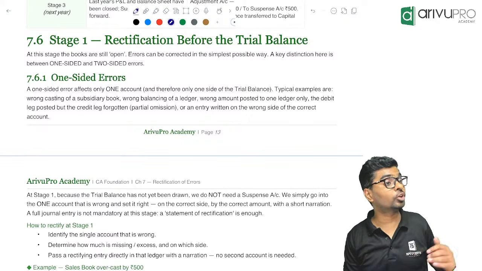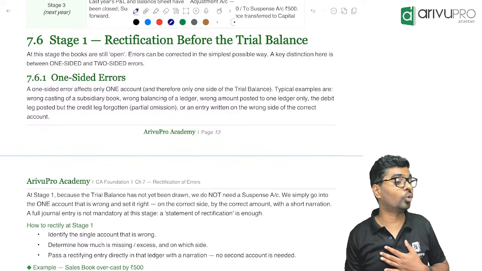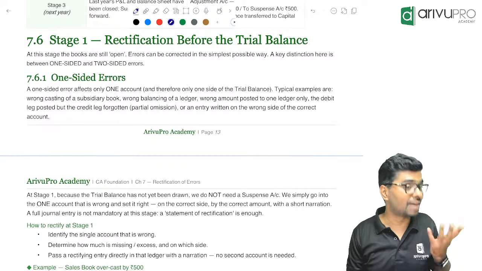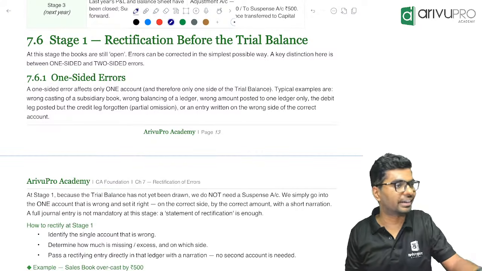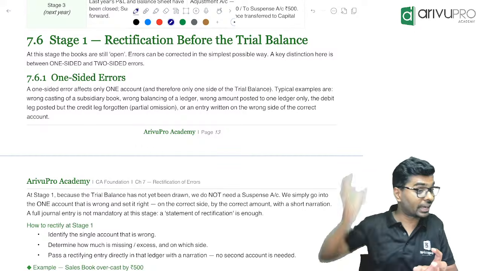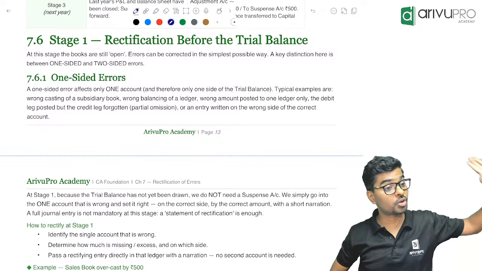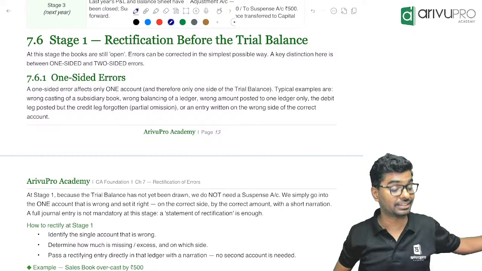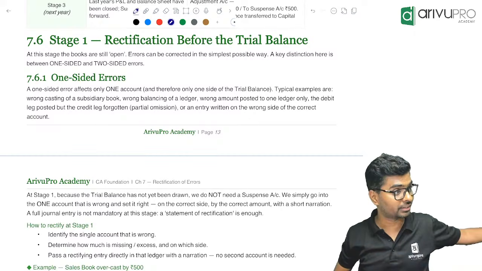So I don't have to go and change anything in the purchase account. I only have to change Ram's account. If I give the debit or credit properly in Ram's account, this problem gets solved. There is no need to open another account. Are you clear? Because the purchase account has got it properly. In the purchase account, did you write it as 2 Ram properly?